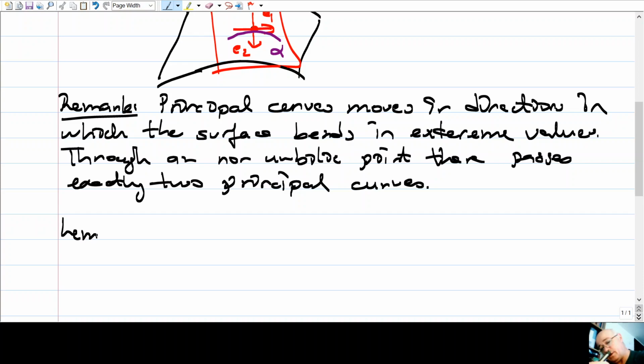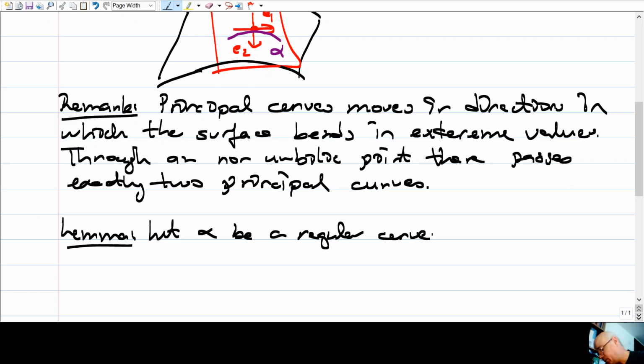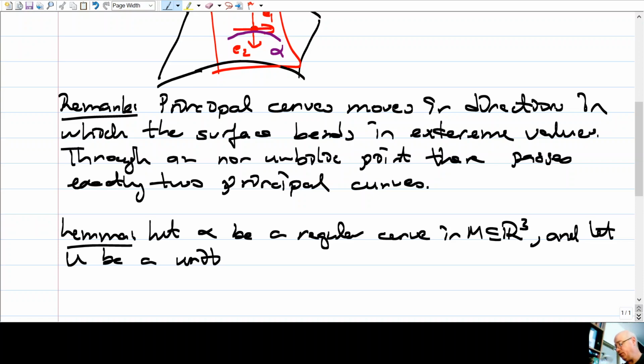Here is a lemma. Let alpha be a regular curve in M, and let U be a unit normal field along alpha.